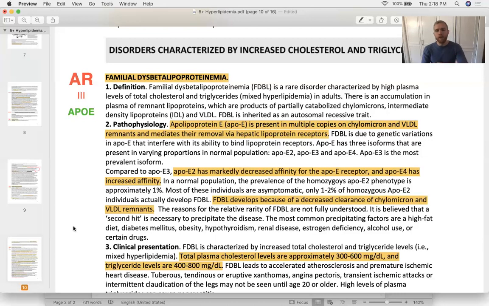And then vice versa, in the case of ApoE4, if you express the ApoE4 variant of apolipoprotein E, then those are getting snapped up by every cell so quickly because of that increased binding affinity for the ligand by the receptor. So people with ApoE2 as a result are going to have high lipoproteins, and people with ApoE4 are going to be protected against high lipoproteins.